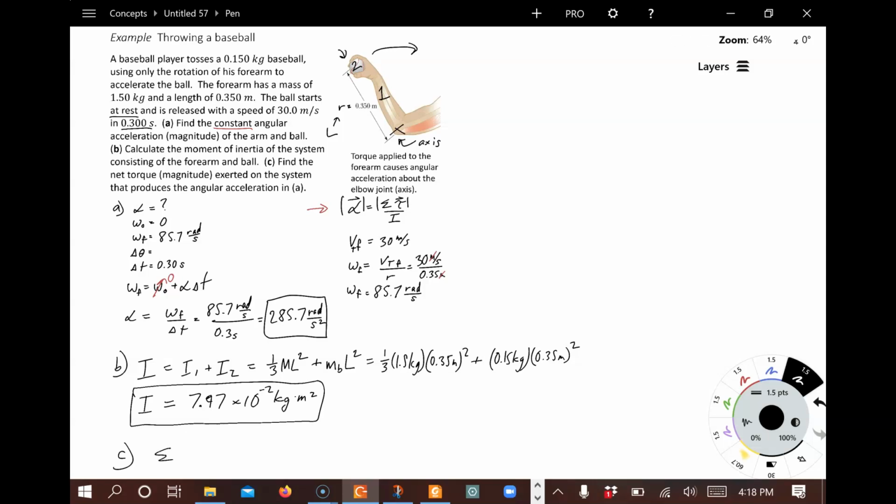So the sum of the net torque, I just need to multiply alpha by the moment of inertia. And that's the product of our answers for part A and part B.